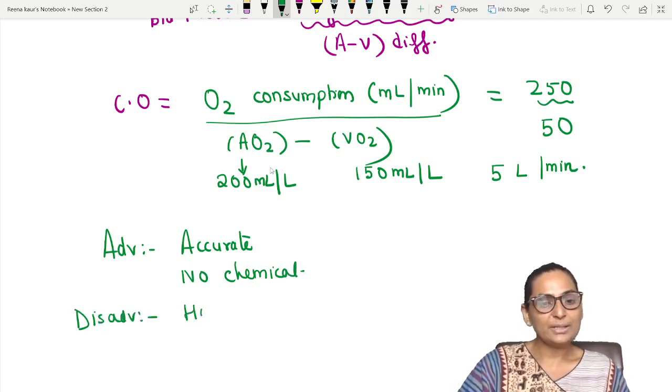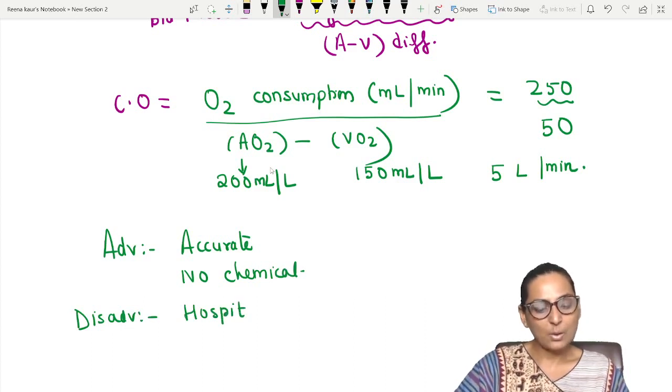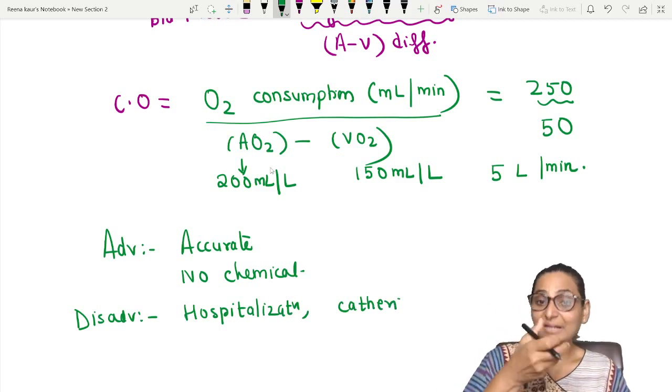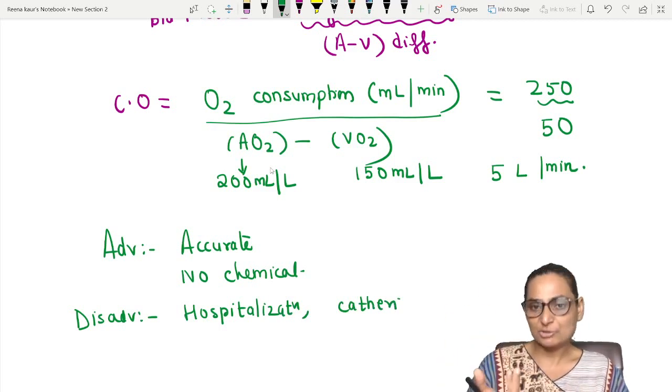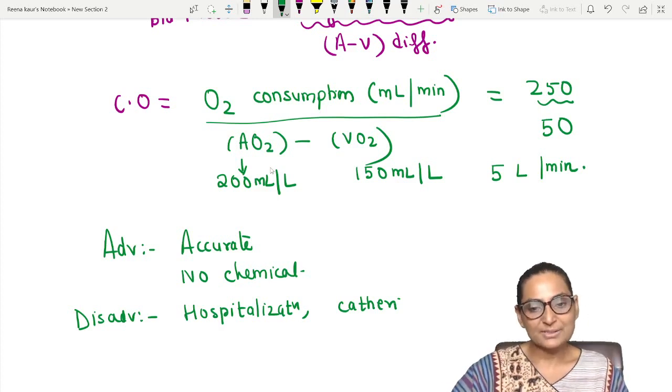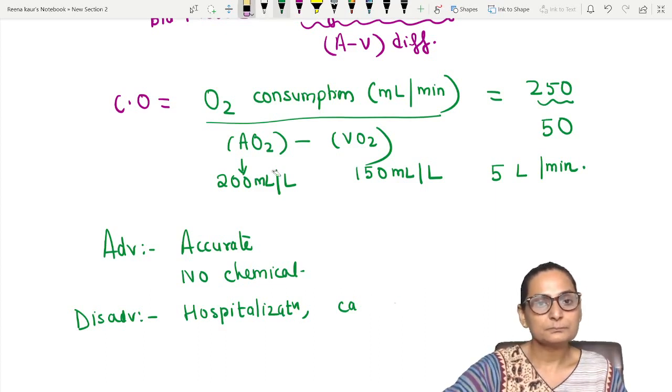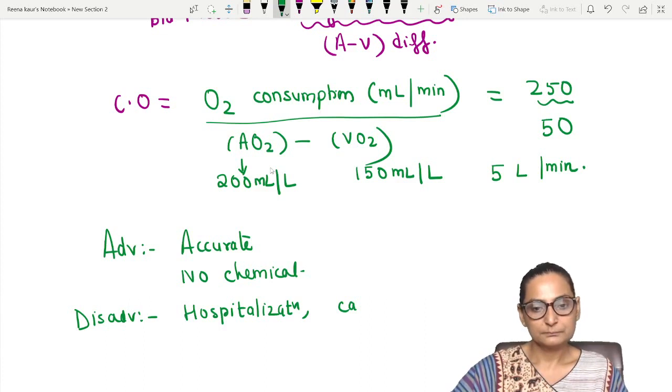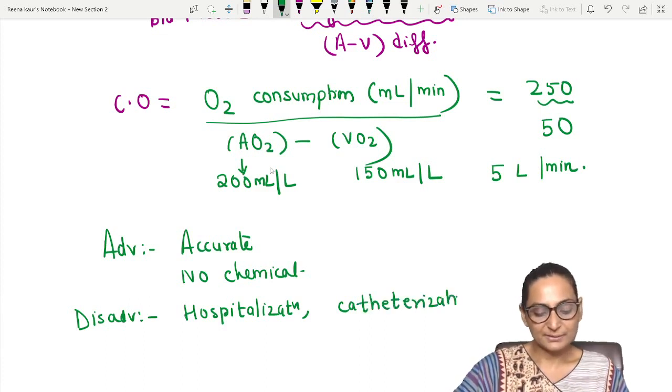You need to hospitalize the patient, isn't it? You require hospitalization because you have to do a catheterization. You have to put the catheter into the pulmonary artery and take a sample. That is a special technique, so there is a risk of catheterization.